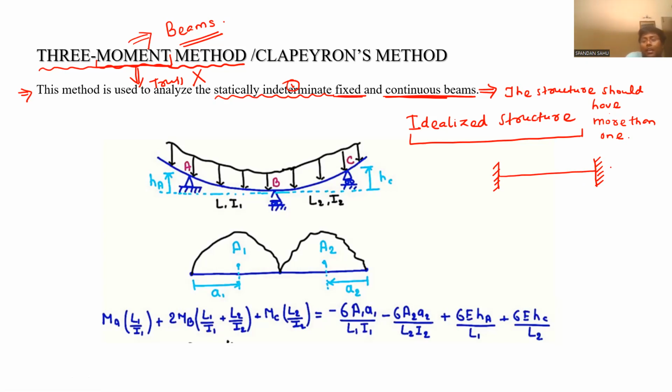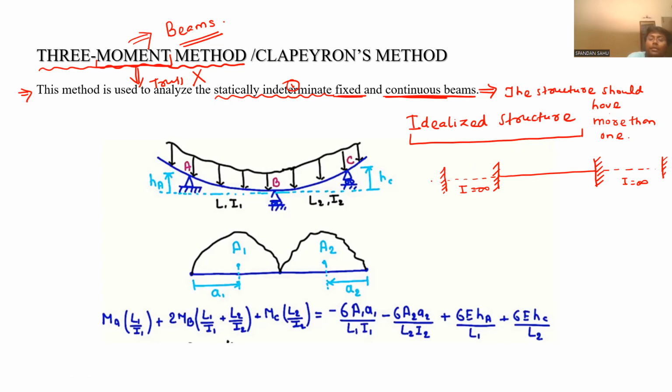See, in the case of a fixed beam, you have to assume one more beam which is not there, which is virtual, having moment of inertia to be infinite.